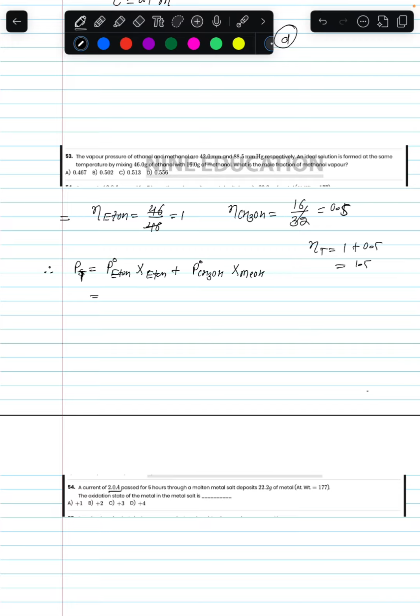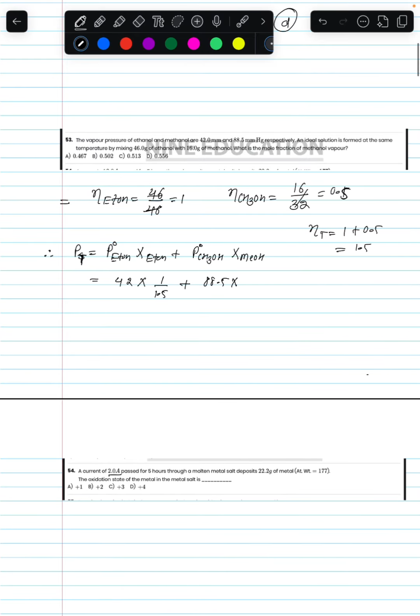Vapor pressure of pure ethanol is 42 into mole fraction of ethanol, moles of ethanol divided by total moles, plus vapor pressure of methanol 88.5 into mole fraction of methanol, moles of methanol 0.5 divided by total moles 1.5. If you calculate this value, it comes around to be 28 plus 29.5, that is 57.5 mm of Hg, that is total pressure.